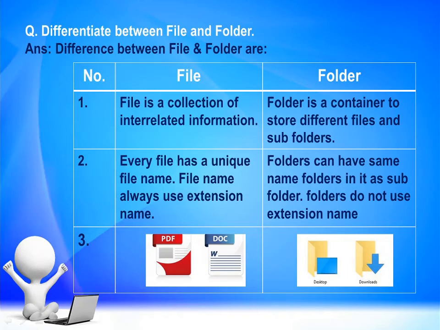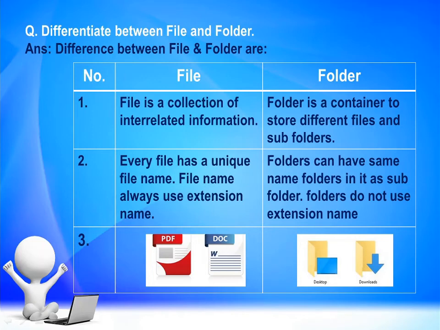Next, differentiate between file and folder. Difference between file and folder are: number 1, file is a collection of interrelated information, whereas folder is a container to store different files and subfolders. Number 2, every file has a unique file name.